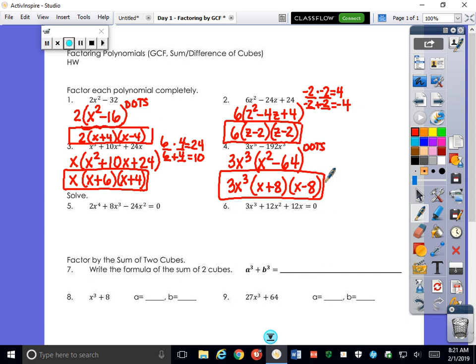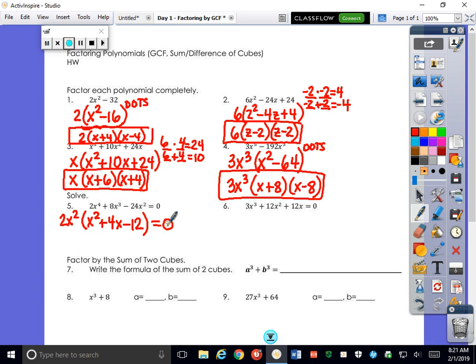Okay, for number 5 and 6, they want us to do the same thing, but this time solve. So we are going to factor out a 2x squared. And when we factor that out, they all have a 2 in common. They all have 2 x's in common. We're going to be left with x squared plus 4x minus 12.